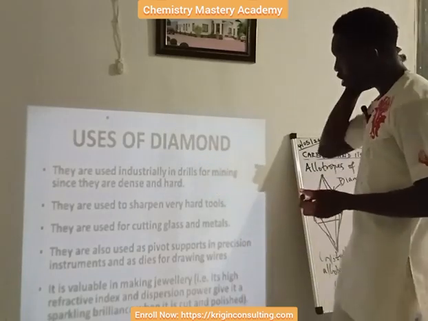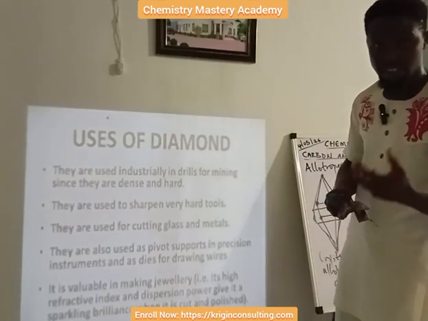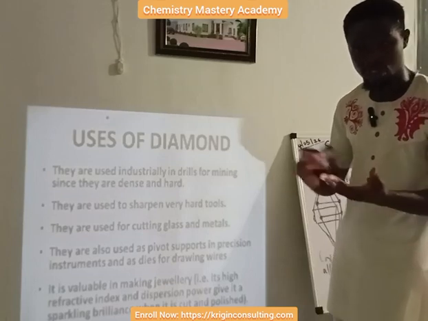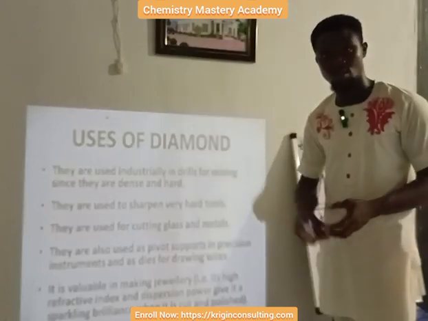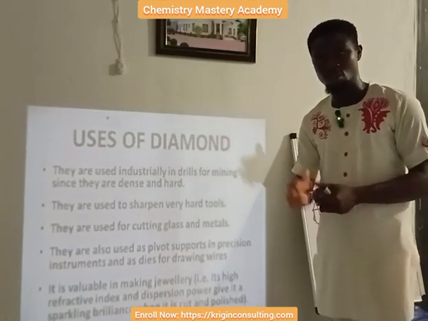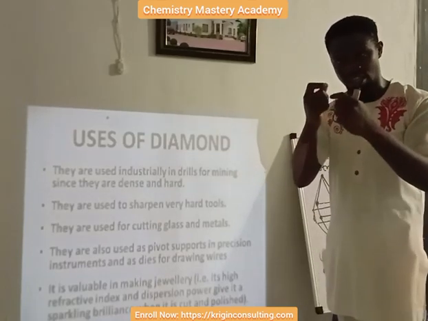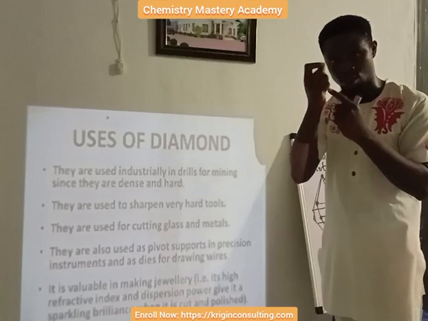Next, they are used to sharpen very hard tools. Remember, diamond is extremely hard, so you can use it to sharpen hard tools. They are used for cutting glass and metals. Those people that do aluminium work, when they want to cut their glass, they use an object that has a diamond coating on the surface that is used for cutting.